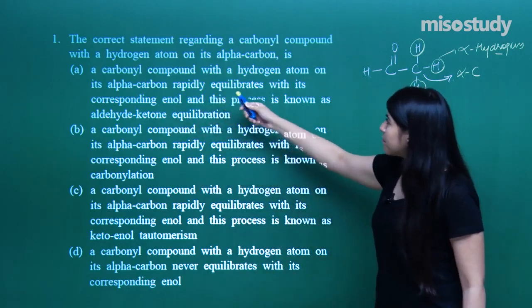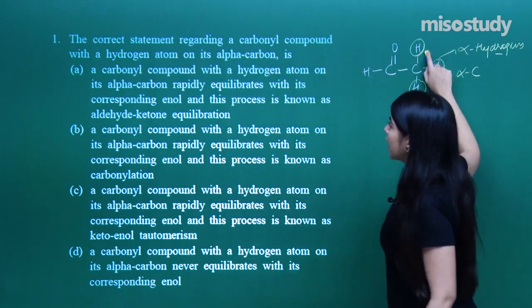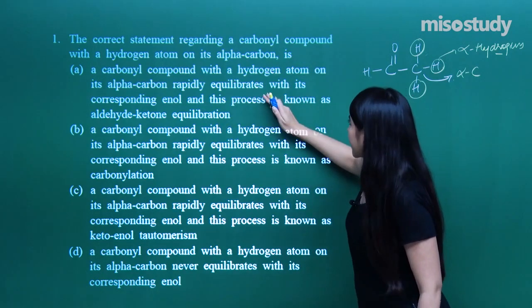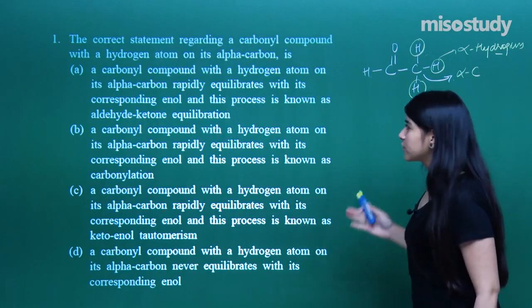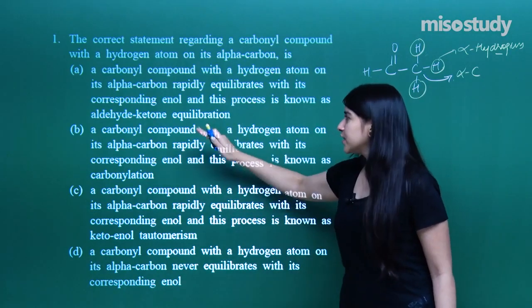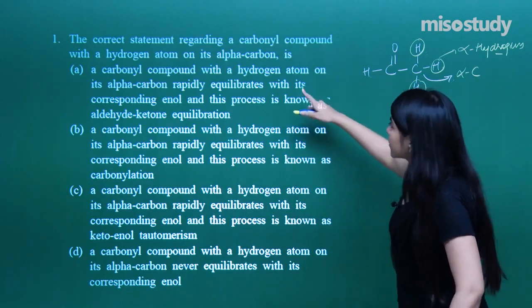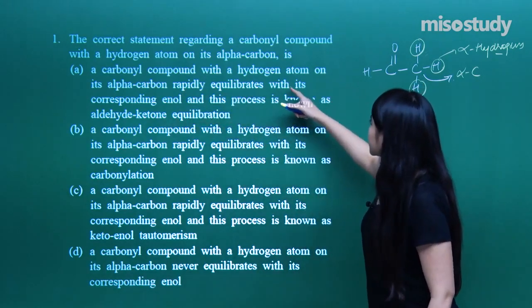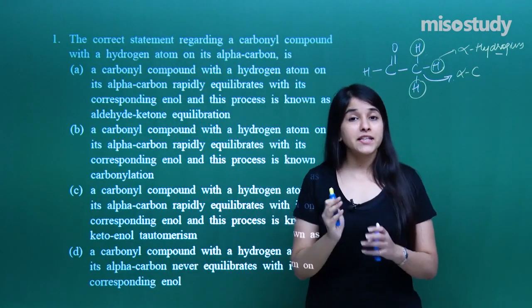A carbonyl compound with a hydrogen atom on its alpha carbon rapidly equilibrates with its corresponding enol, and this process is known as aldehyde ketone equilibration. So is it so? What is the enol formation?